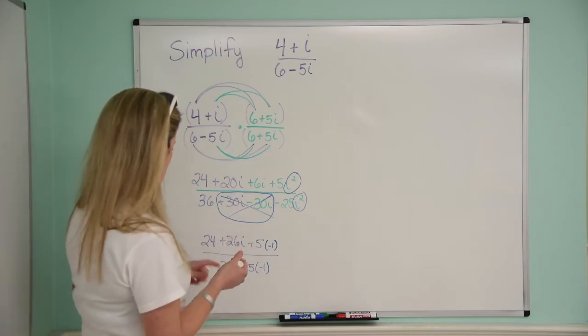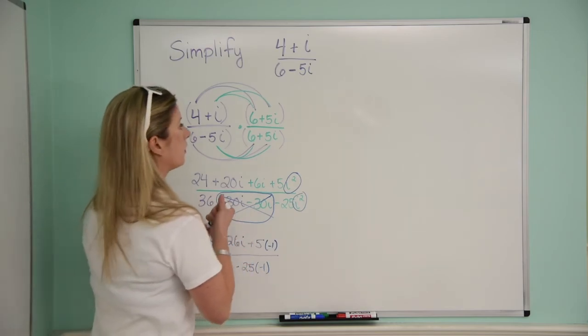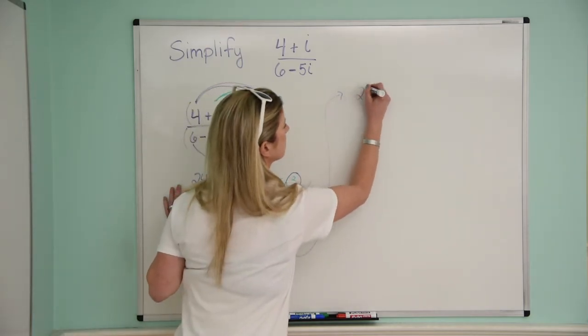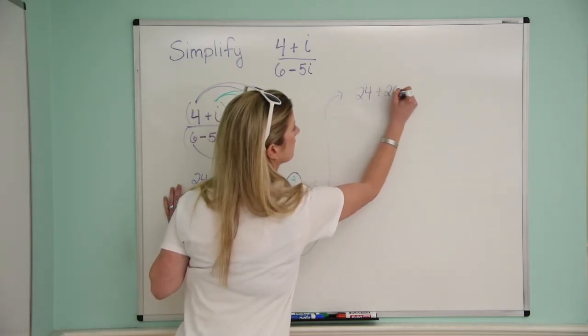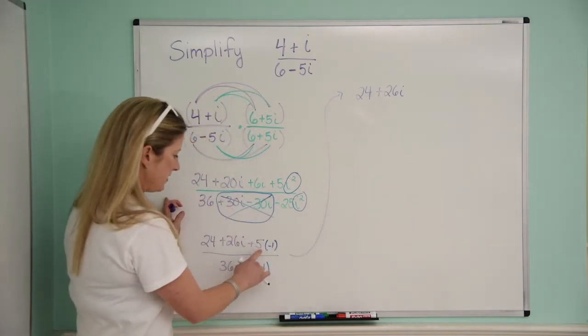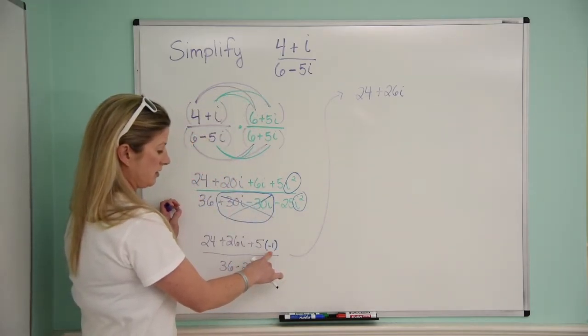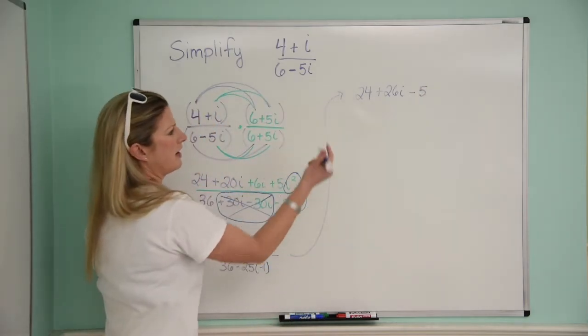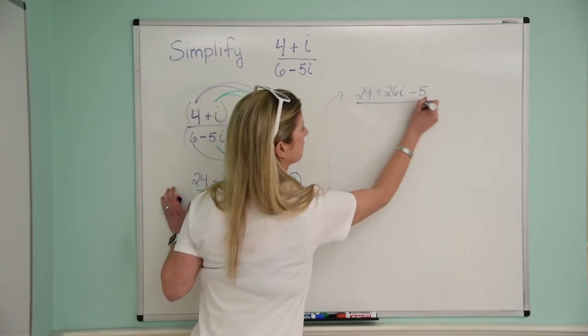All right, so I've got 24. Let's just draw a little line so you can see what I'm doing. So I've got 24 plus 26i. And then 5 times -1, that's just going to be -5.